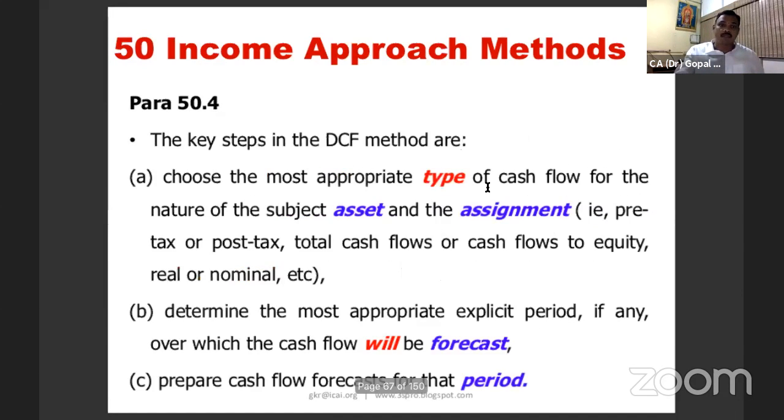Okay. These are the key steps. Choose the appropriate type of cash flow, para 50.5 to 50.7. What is the type of cash flows? Determine the most appropriate explicit period, para 50.8 to 50.11. Prepare the cash flow forecast, para 50.12 to 50.19.